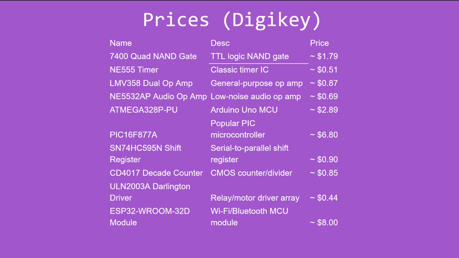Might be able to even find it cheaper than that. 595 shift register, 90 cents. Decade counter, 85. Darlington driver, 44. Even an ESP32 module for 8 bucks. So these are relatively cheap, but again, you have to understand economy of scale in this case.